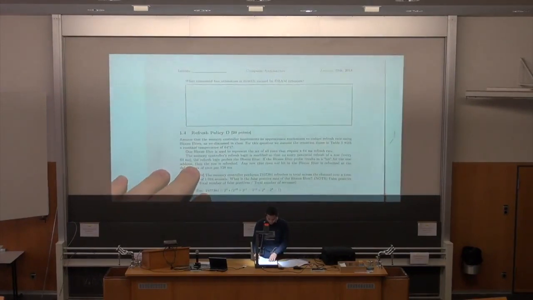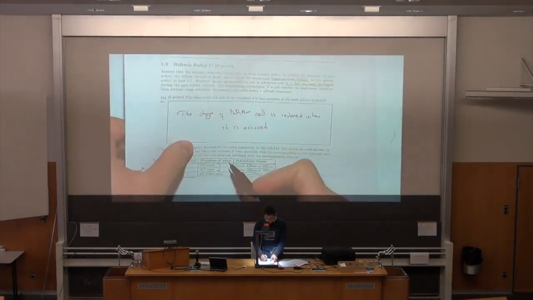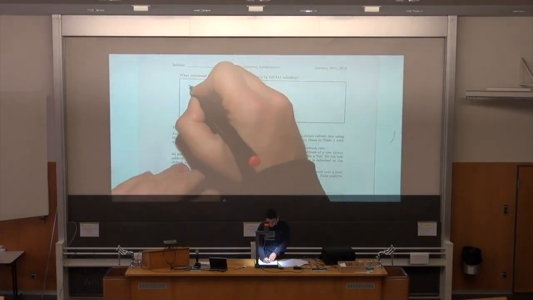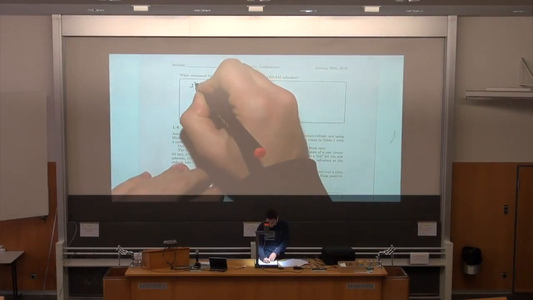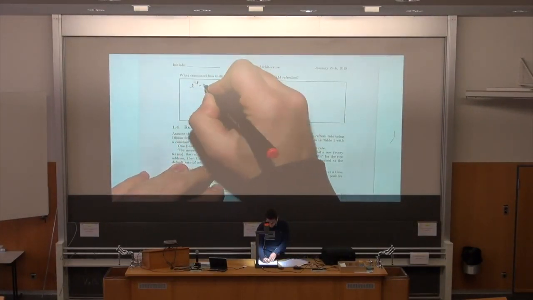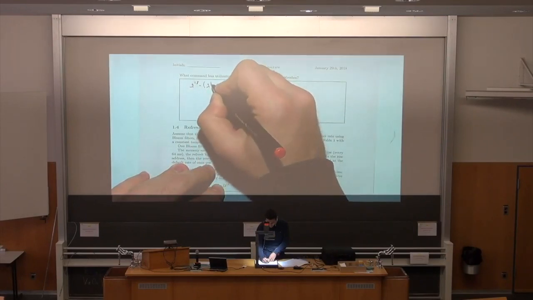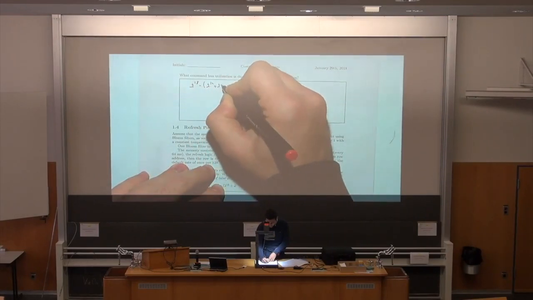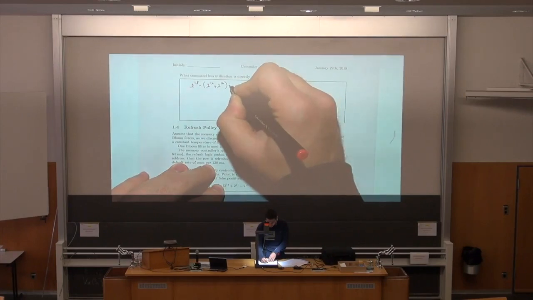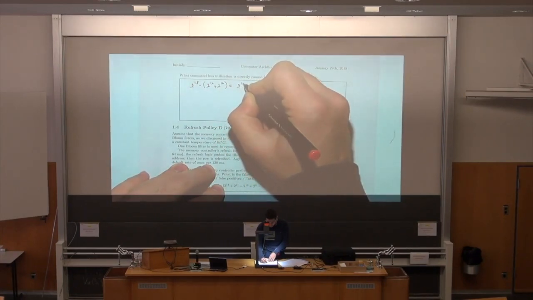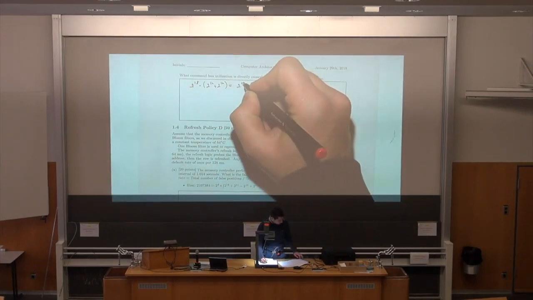So basically, the number of rows left here is 2^18 minus 2^16 plus 2^16, and this will be, I believe, 2^17. Yes.